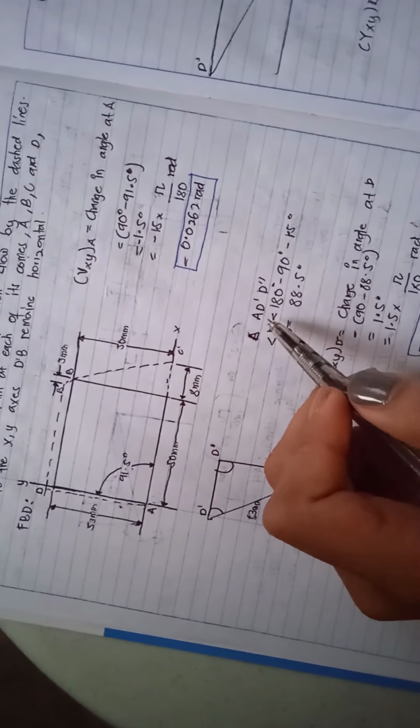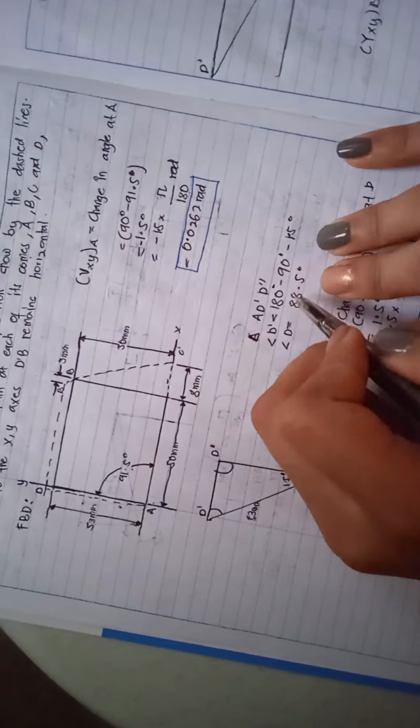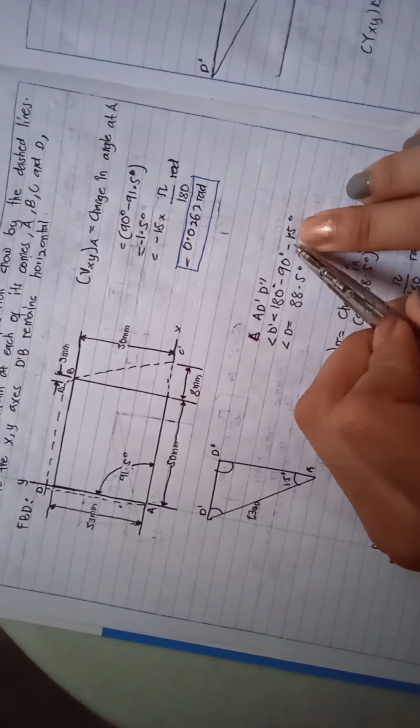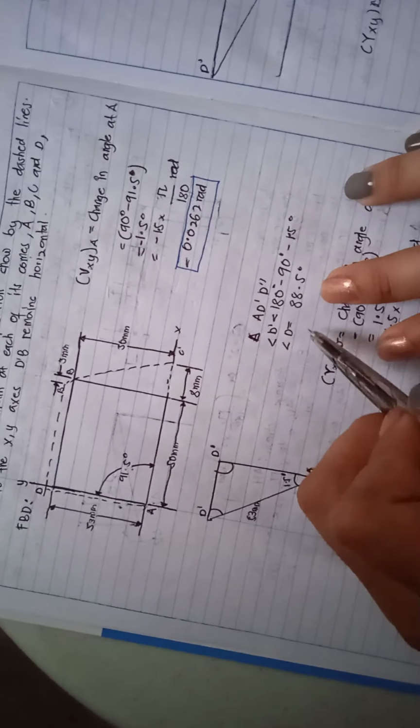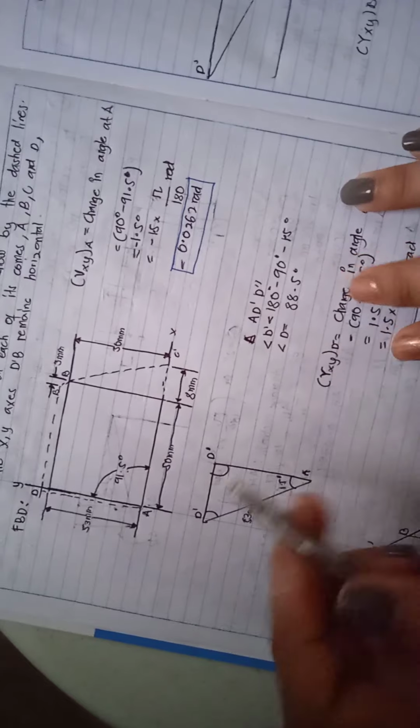So, change in angle ED equals 180 minus 90 degrees minus 1.5 degrees. So, D is equals 88.5 degrees.